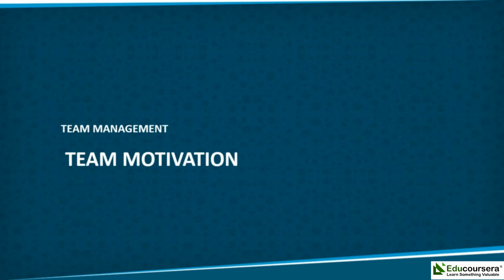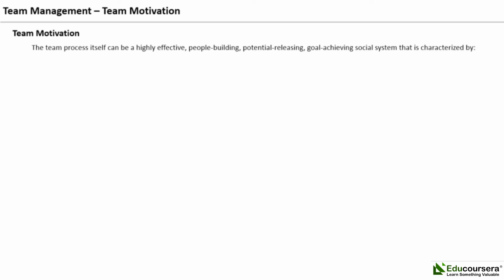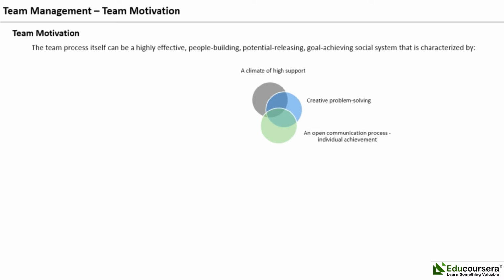Team motivation. Team management, team motivation. The team process itself can be a highly effective, people-building, potential-releasing, goal-achieving social system that is characterized by a climate of high support, creative problem-solving, an open communication process, individual achievement, organizational goal achievement, commitment.